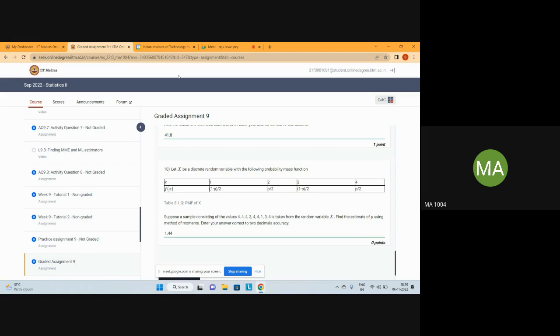Since you're saying P is coming out to 1.44, which is definitely wrong, we'll have to discard this question. But I should know first whether I am right or not. If you know your method is right, and you have found P.